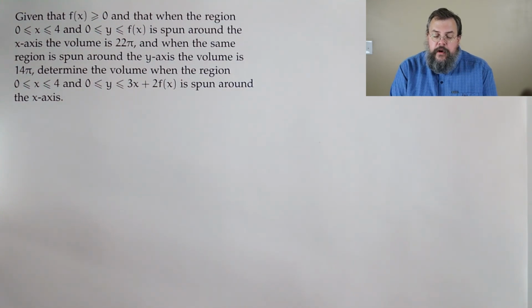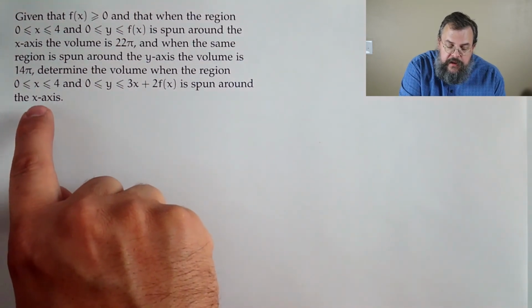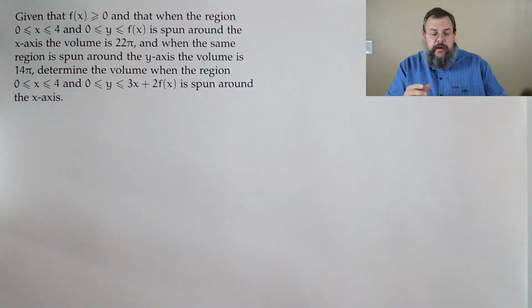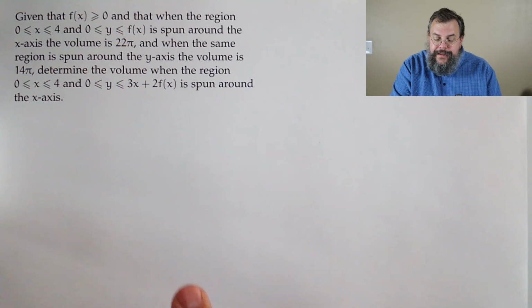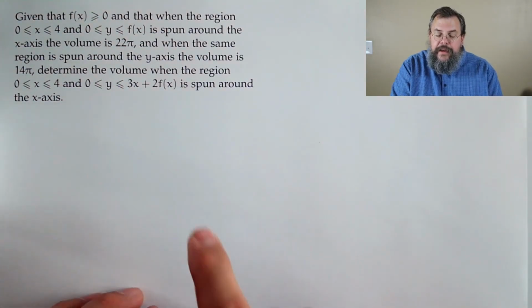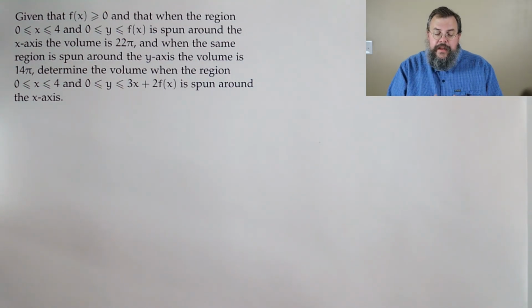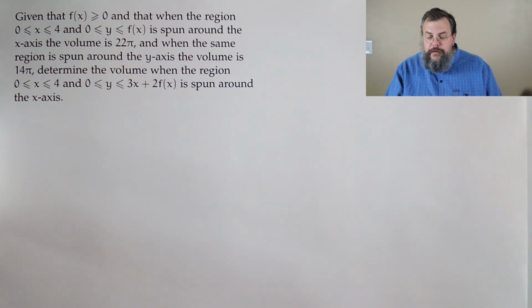Determine the volume when the region, 0 less than or equal to x less than or equal to 4, at least the same x values, but for y, a little bit different, 0 less than or equal to y less than or equal to 3x plus 2f of x. Okay, so it's sort of a different shape. And then we're going to spin that around the x-axis. So, a little bit to digest here.